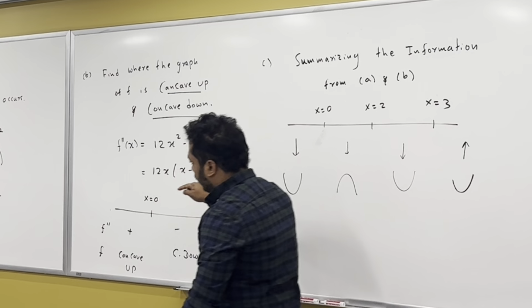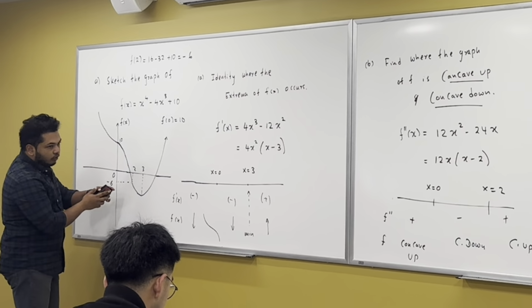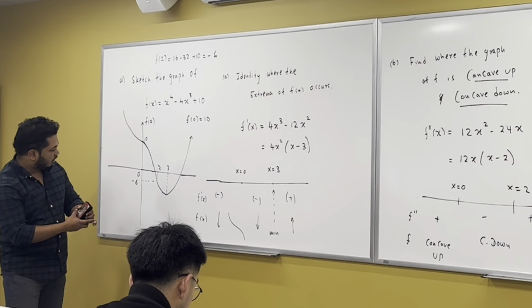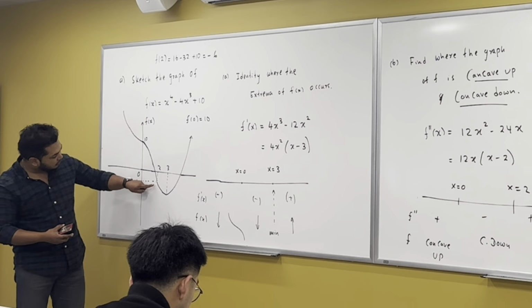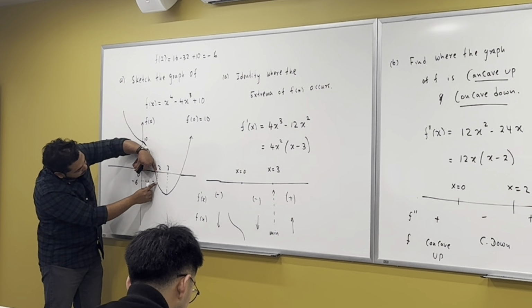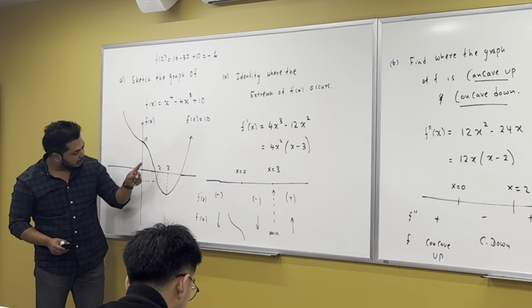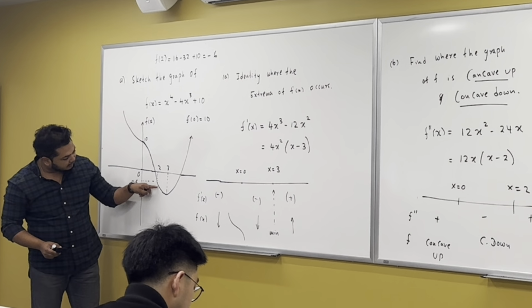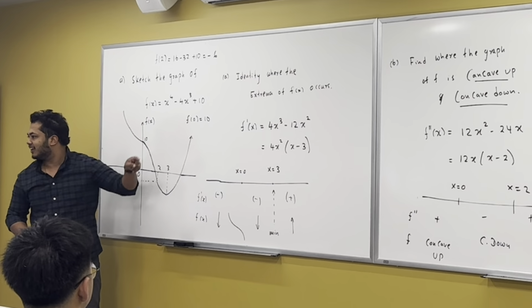If you think about this one, greater than 2, you see, it's always concave up. Can you see that? Okay, greater than 2, it's concave up, but 2 to 3, decreasing. 3 to infinity, it's increasing.